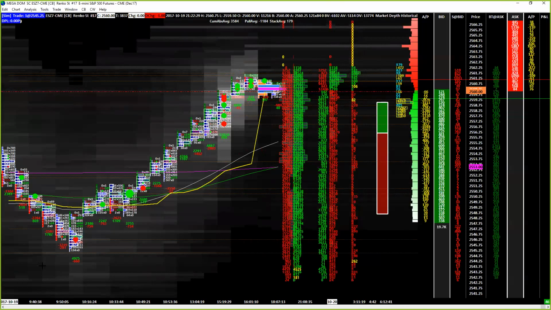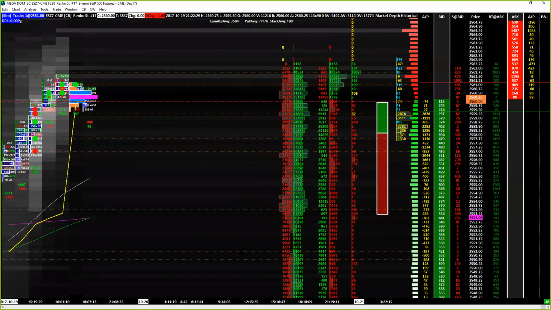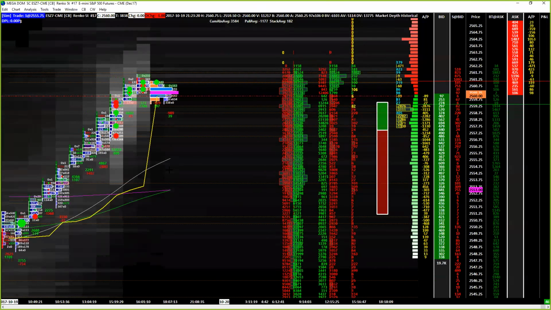This is really strong. And then these green and red dots show you the different sizes of buy and sell orders, and it draws a line across. So in case there's so much information, you can still see where those orders were put in. If it's a sell order, it'll be red. If it's a buy order, it's green.